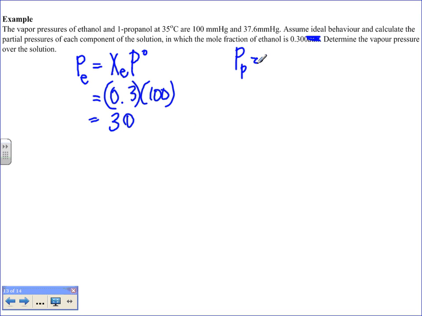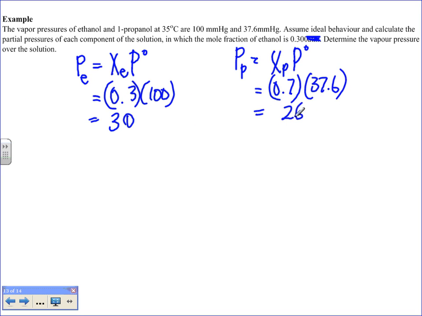And remember that the mole fractions will always total 1, much like percentages will total 100. And the partial pressure of the propanol is 26.3. The units for both of these are millimeters of mercury, as given in the question.